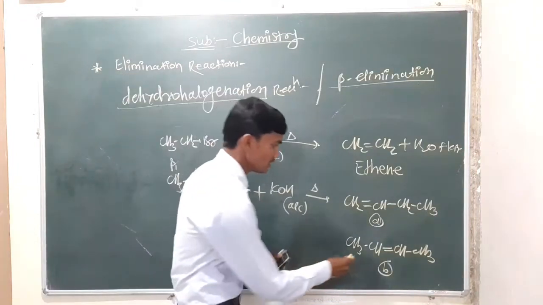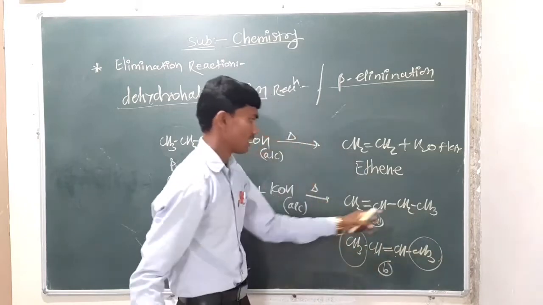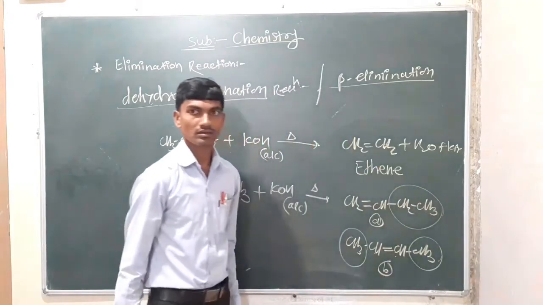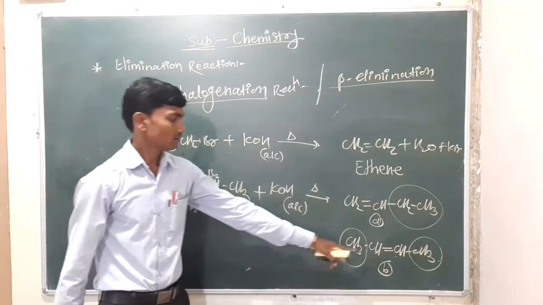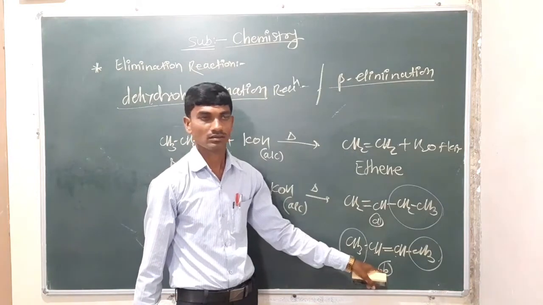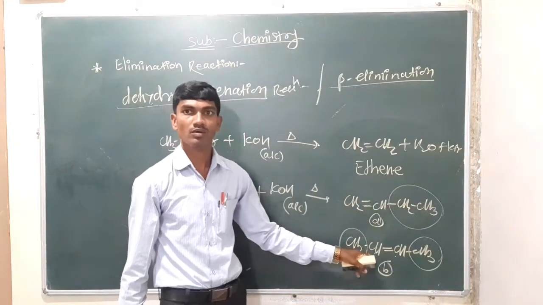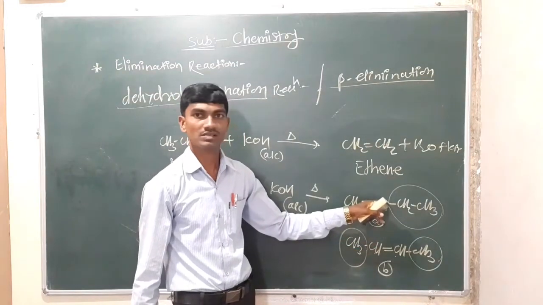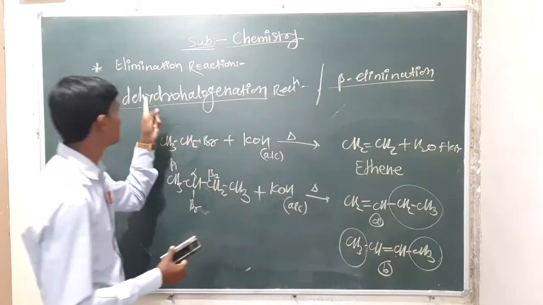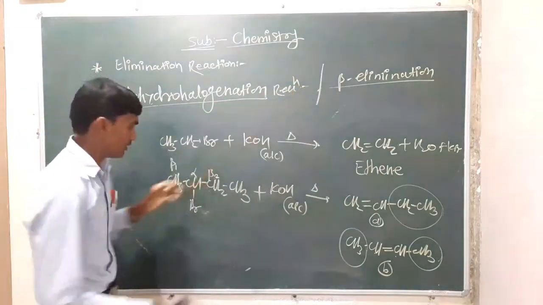It means that in one compound there are two alkyl groups and in the other only one alkyl group. So the B product is more preferred than A. It is 80% for compound B and 20% for compound A. This is dehydrohalogenation reaction.